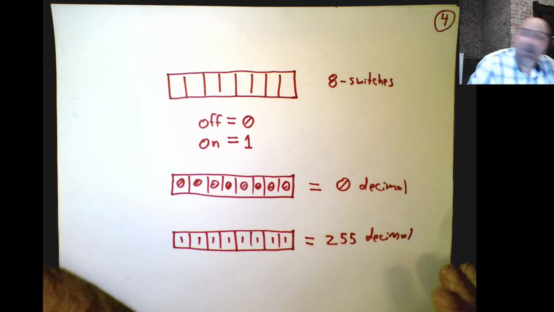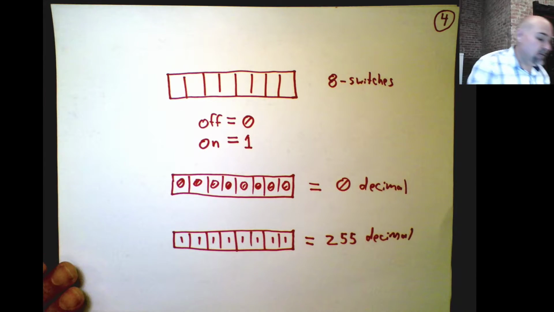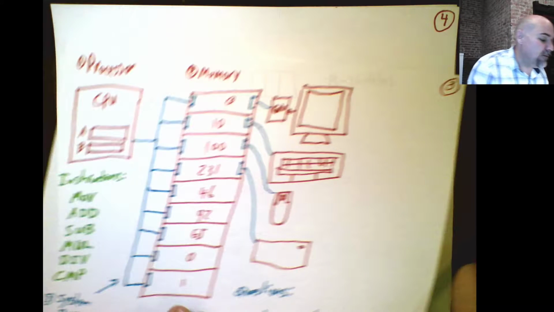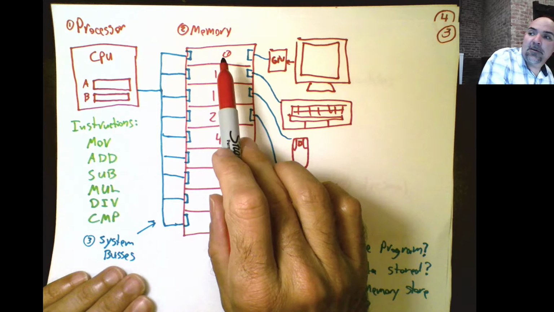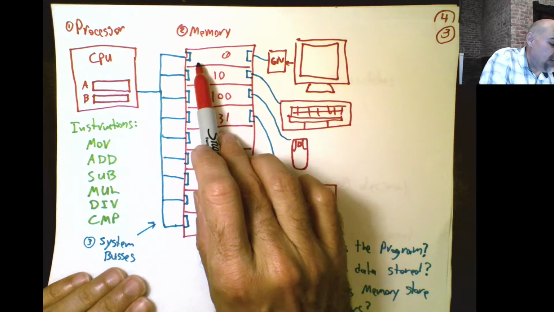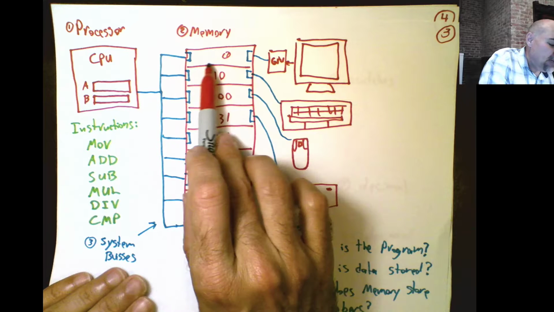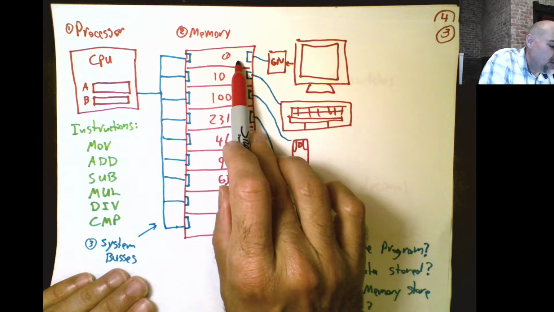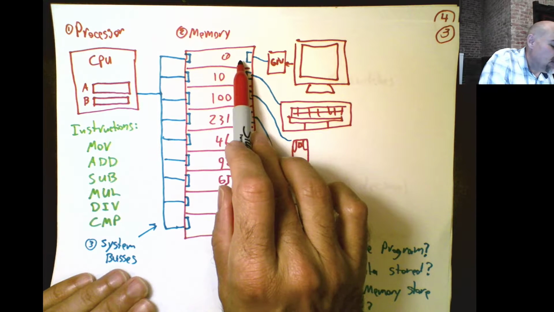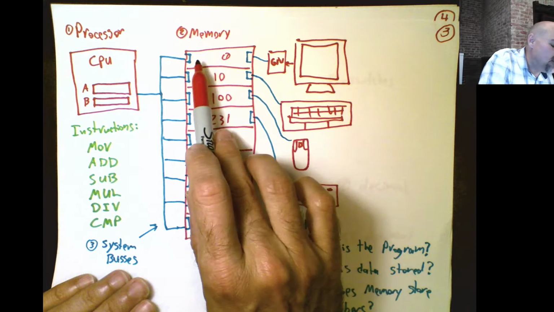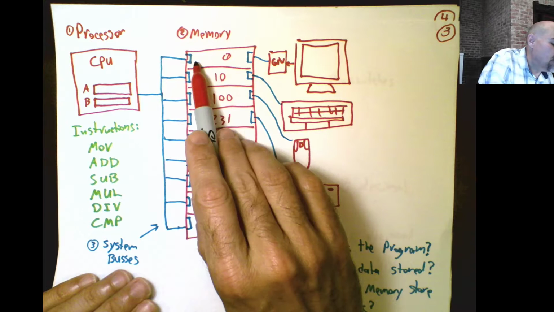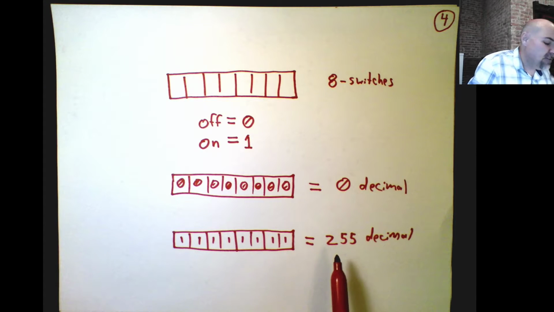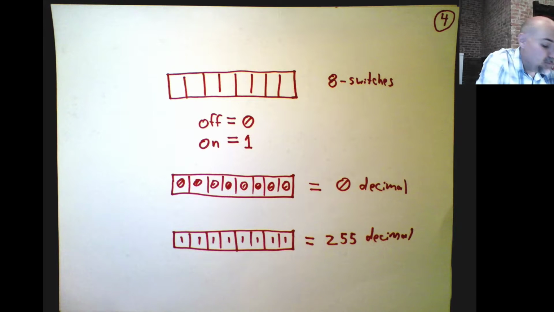So in other words, every one of these single blocks in memory that consists of 8 switches could have all zeros, meaning all off, or some of them off, some of them on, in the various patterns. And the highest number you could get to is all 8 of them turned on, which would be a number of 255.